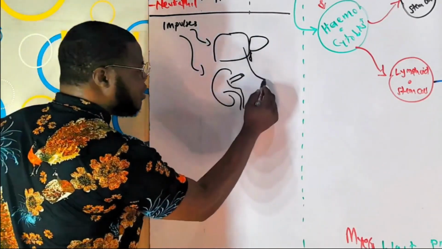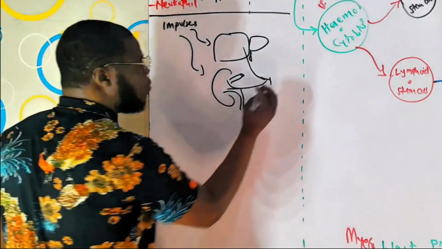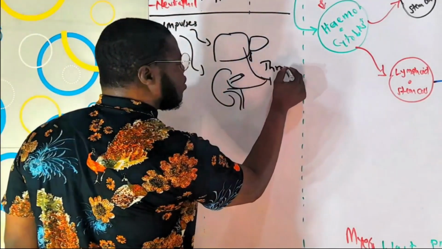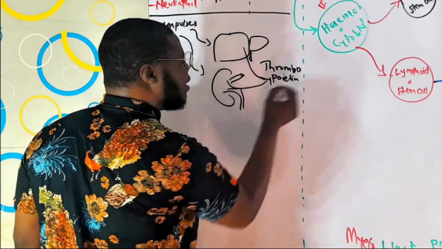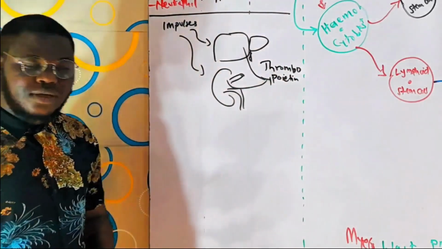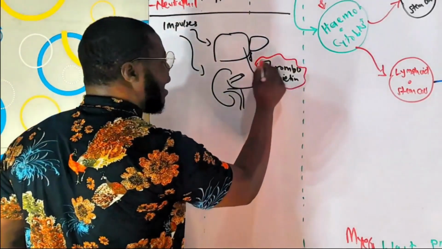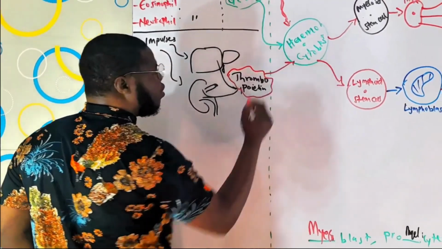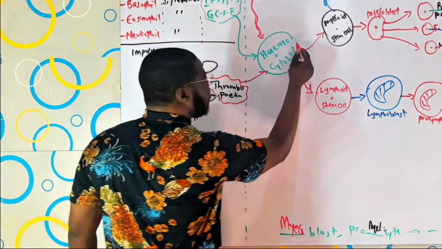So the liver and the kidney are going to release a chemical, and that chemical is called thrombopoietin. Just like erythropoietin. Now, the thrombopoietin is going to act on what? On the hemocytoblast.